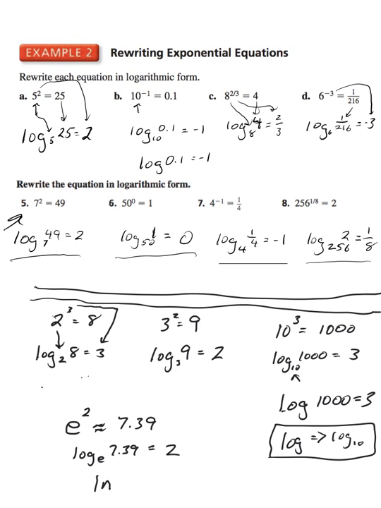So that's rewritten as ln, the natural log of 7.39 equals 2. Log base e means the same thing as ln. So when you see that ln, don't freak out. It just means log base e, and it's shorthand for that.